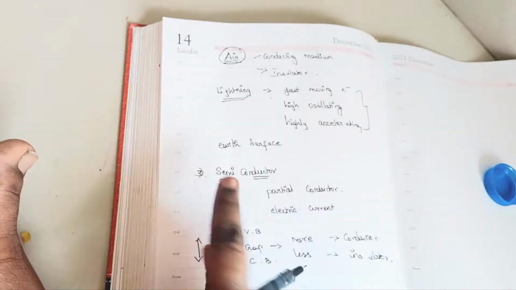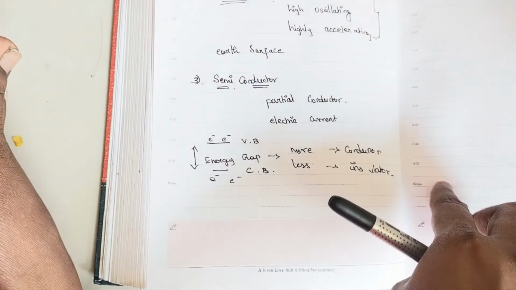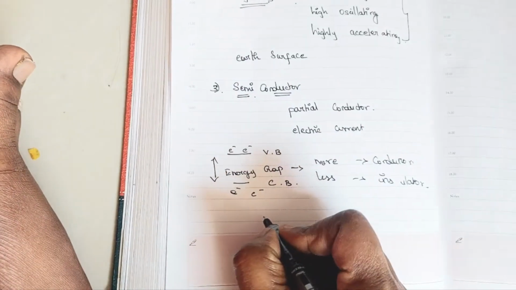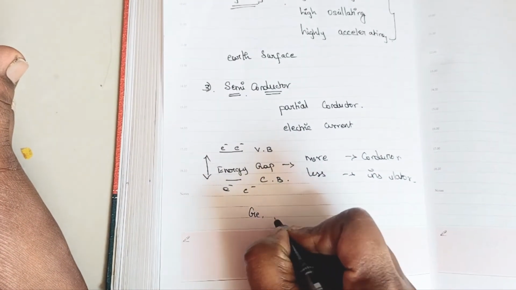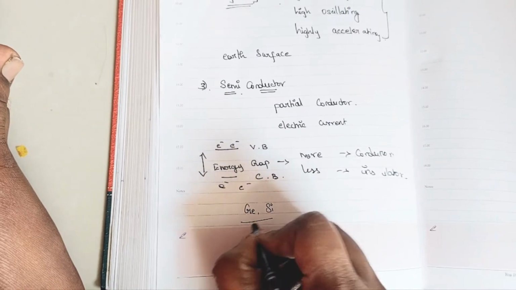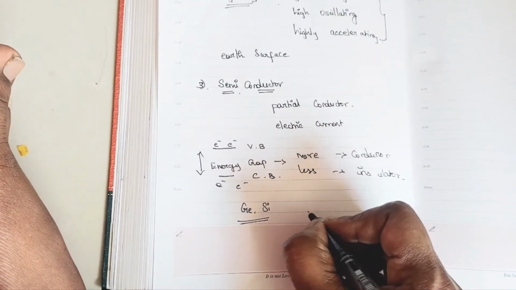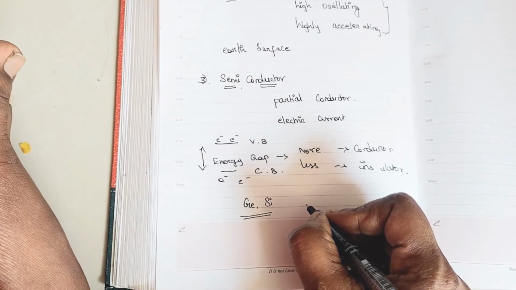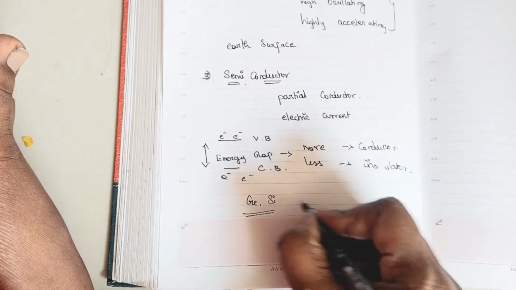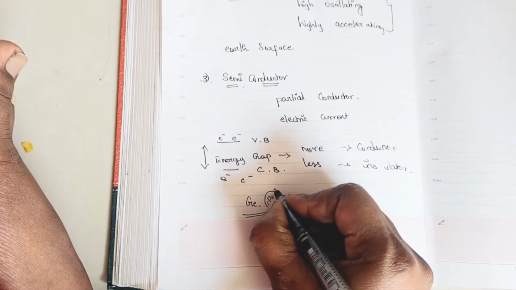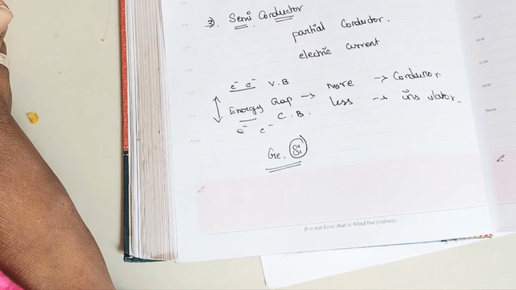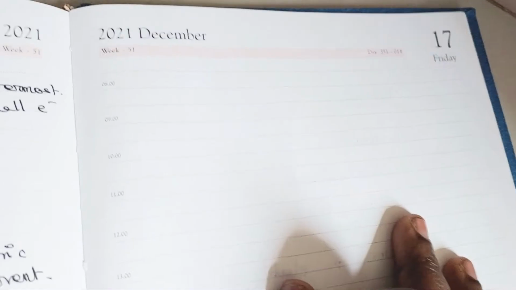That is why it is called a semiconductor. Partially it is allowing the electric current to flow. Germanium and silicon are the best examples for semiconductors. Nowadays the electronic chips, the computer chips and all, we are using silicon, a semiconducting material.